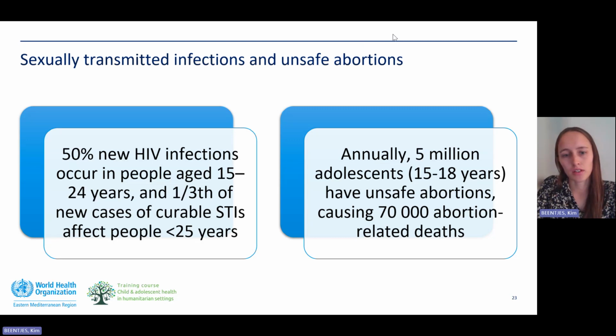And 1/3 of the new cases of curable sexually transmitted infections affect people under 25 years. And then on abortions, annually 5 million adolescents between the ages of 15 and 18 years have unsafe abortions, causing 70,000 abortion-related deaths.